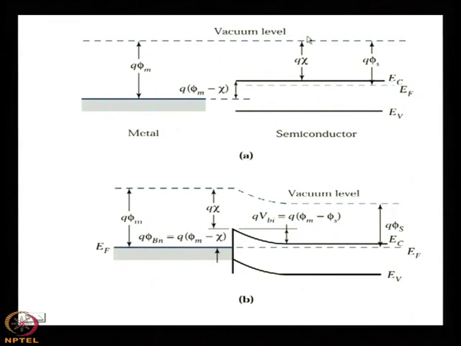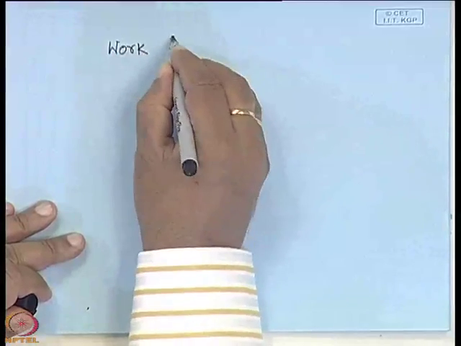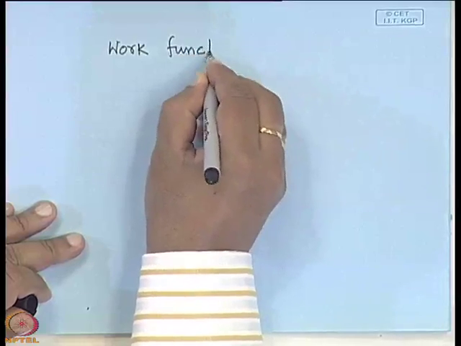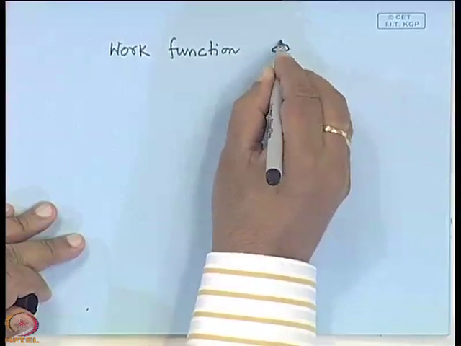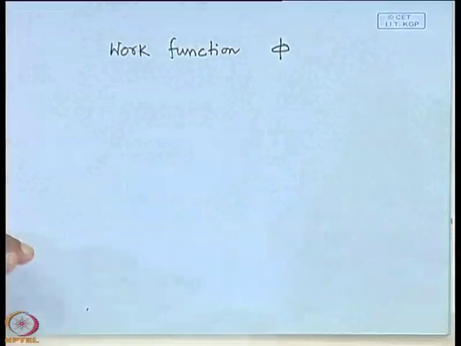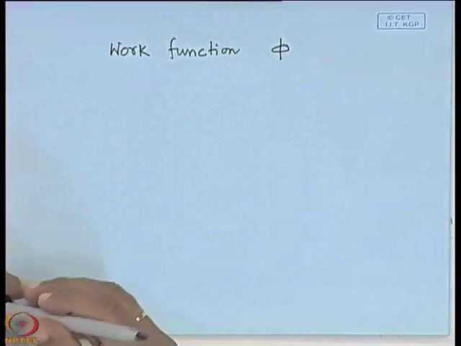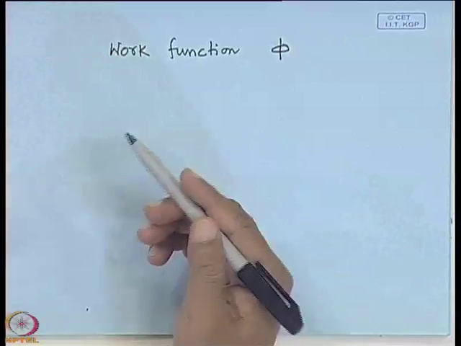So, one is the work function, which is denoted by phi, and that phi can be phi s or phi m depending on whether it is of semiconductor or of metal.